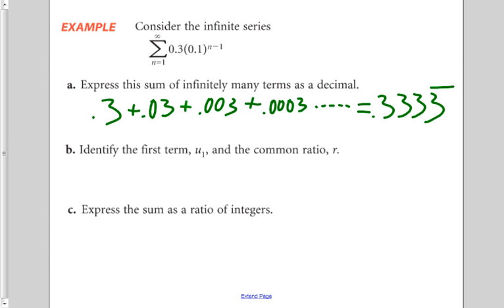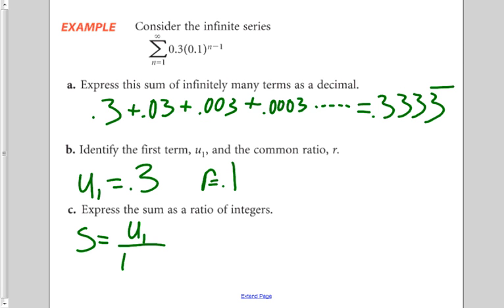Now, let's use what we've learned today. The first term in this sequence, u1, is just our 0.3. Now, the common ratio, when I'm multiplying by it each time, is just that 0.1. So our common ratio is 0.1. Let's express the sum as a ratio of integers. Well, I know the sum is equal to the first term divided by 1 minus the ratio.